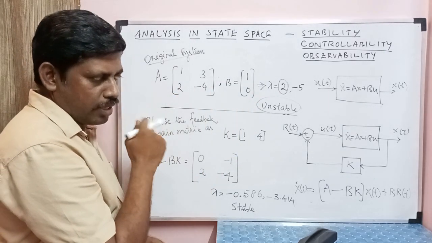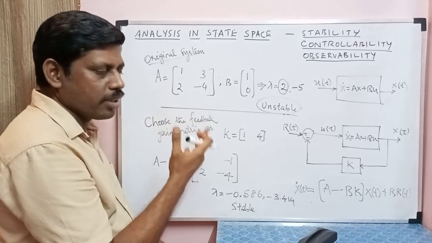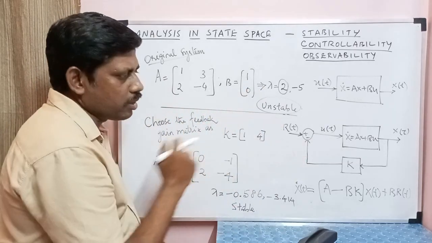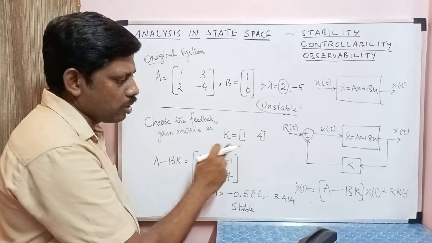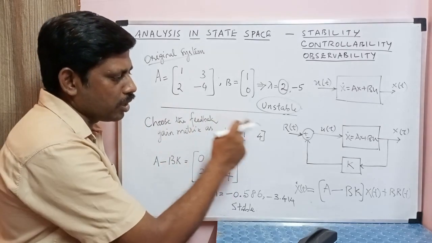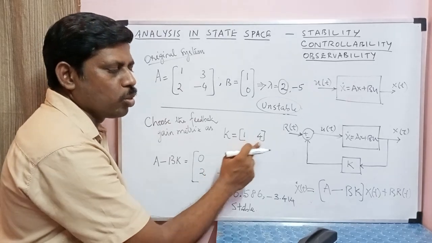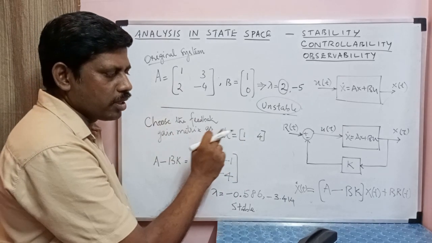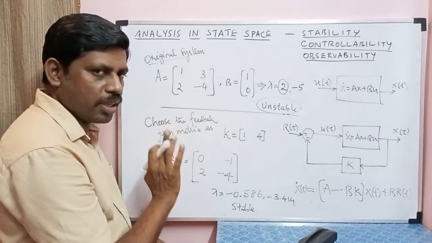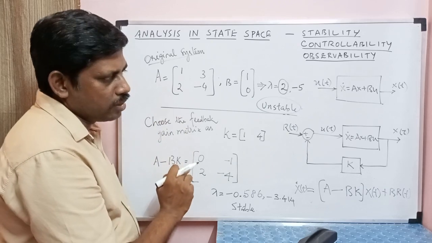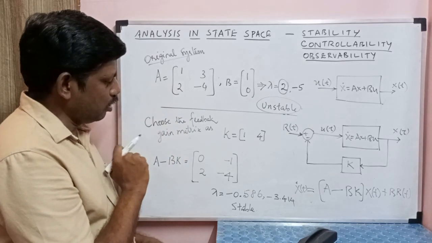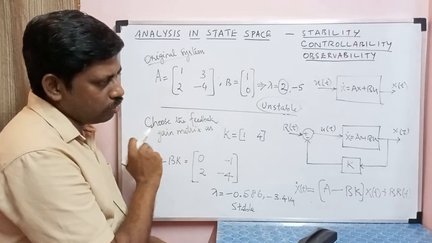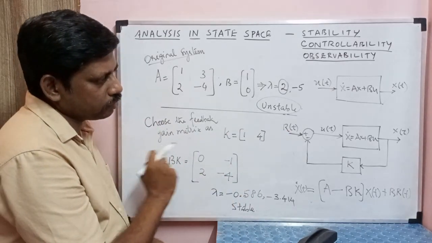Now, let me design a state feedback controller for this, and assume that I got the state feedback gain matrix as 1, 4. Please note the controller gain matrix will be of size R cross N. Let us assume that there is only one input.